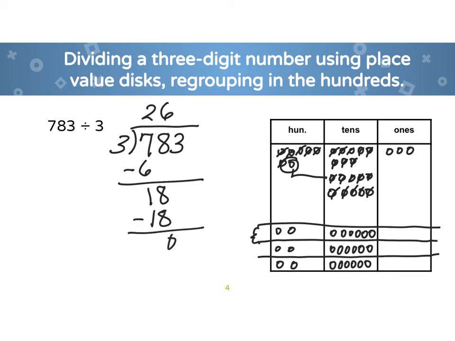I get 0. I bring down my 3, and then I divide my 3 ones. And each person gets 261.